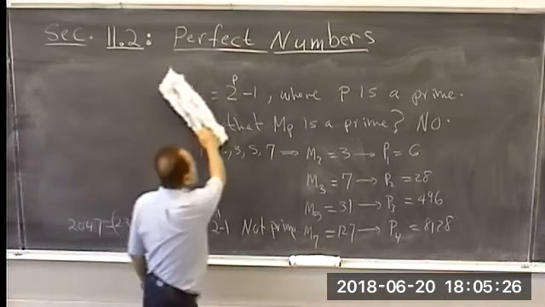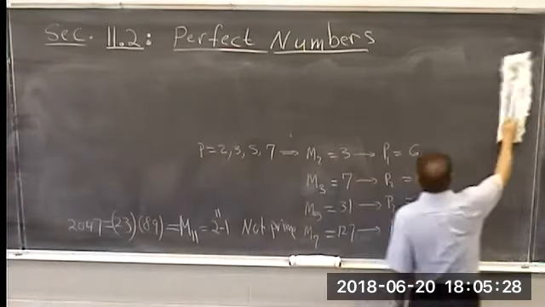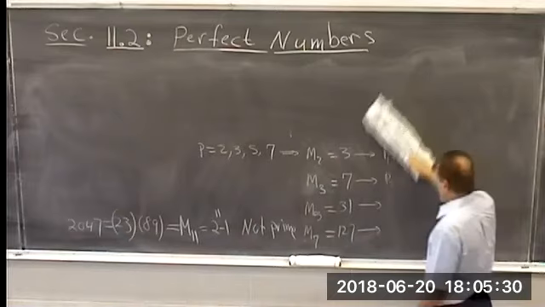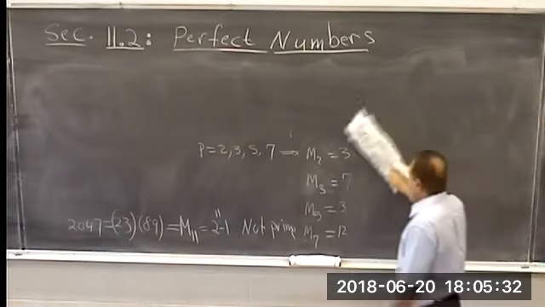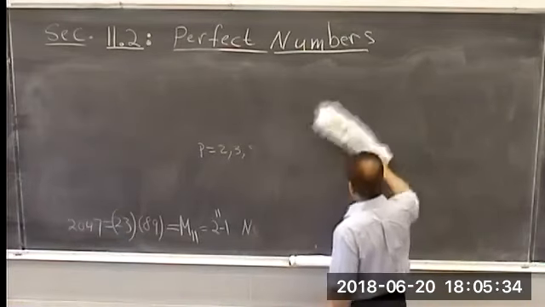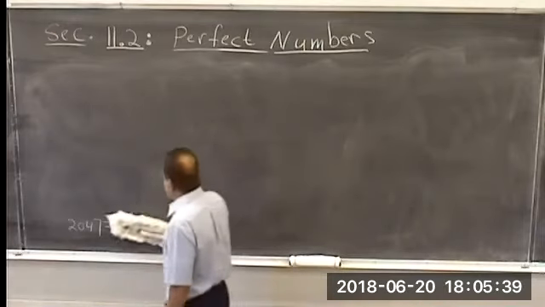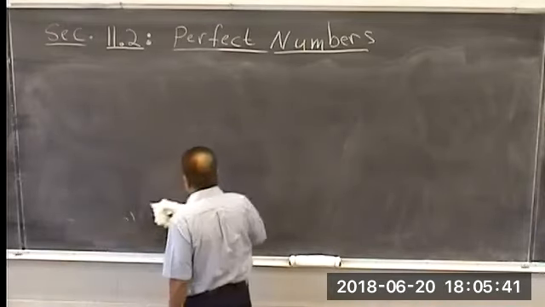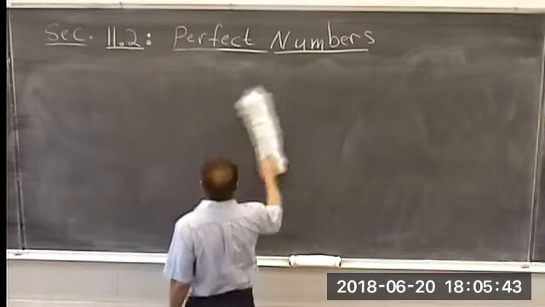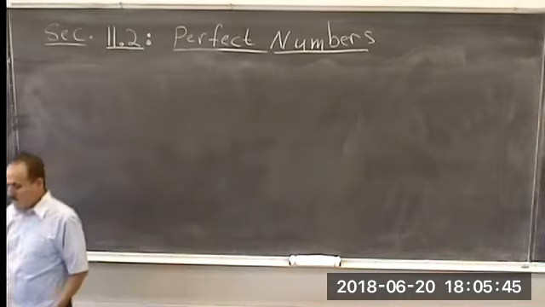How many perfect numbers are there, finitely or infinitely many? Of course, this depends on whether there are finitely or infinitely many primes of this form M sub P. All right?